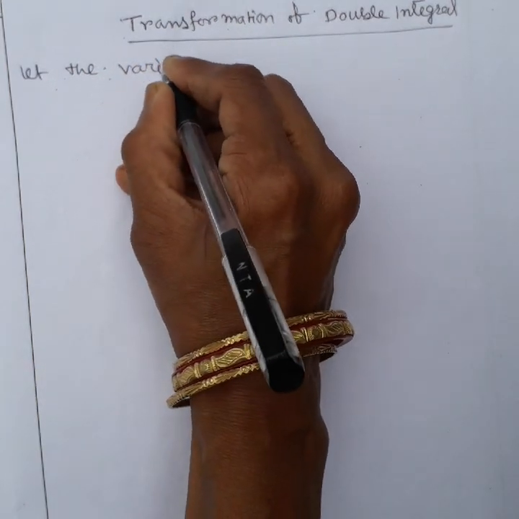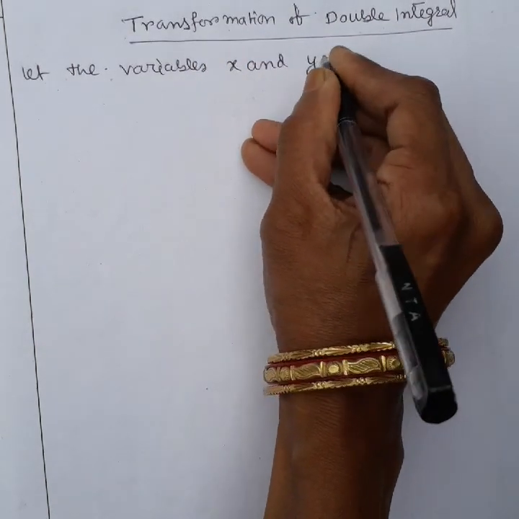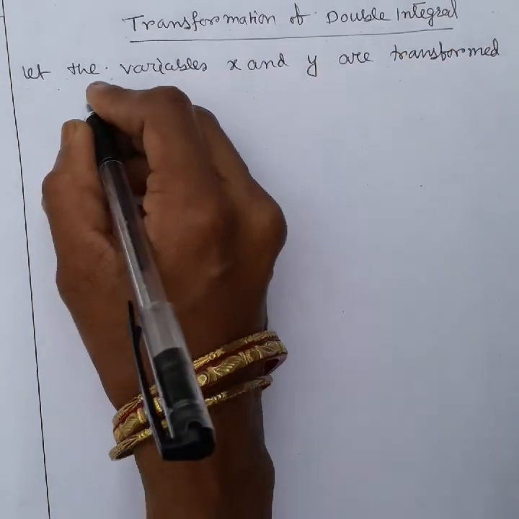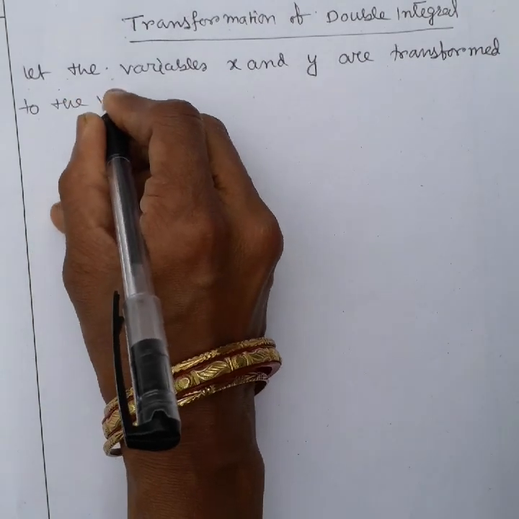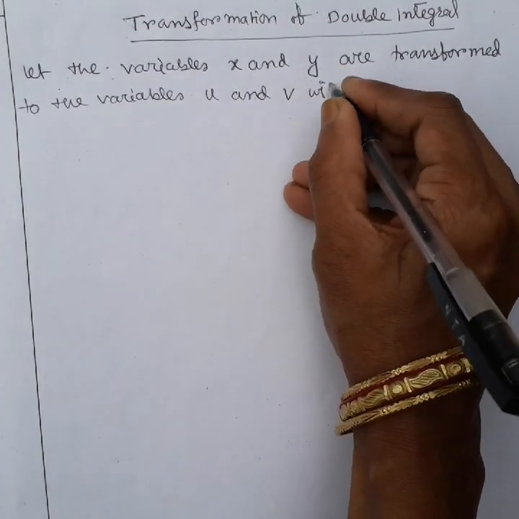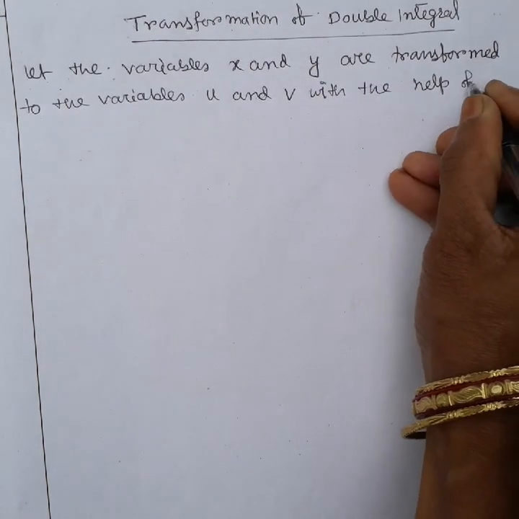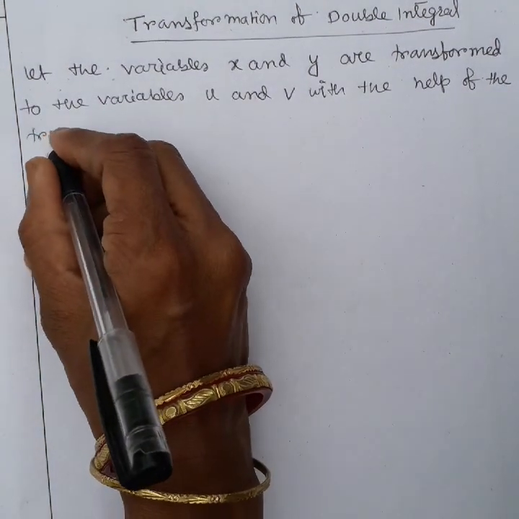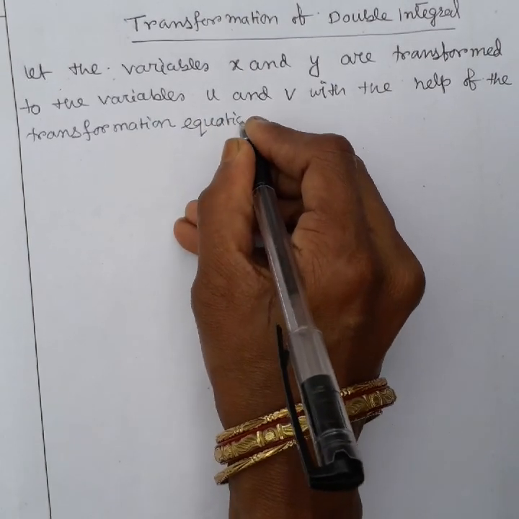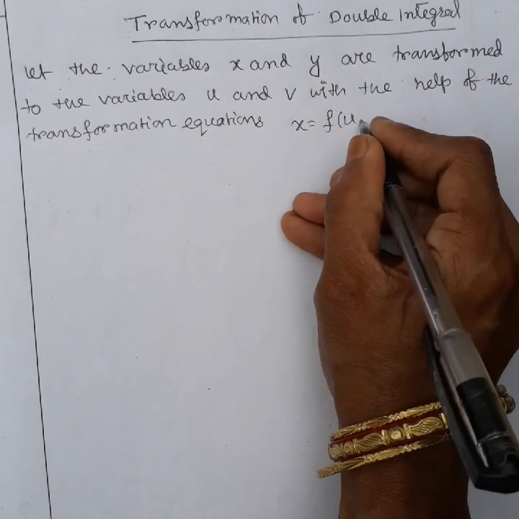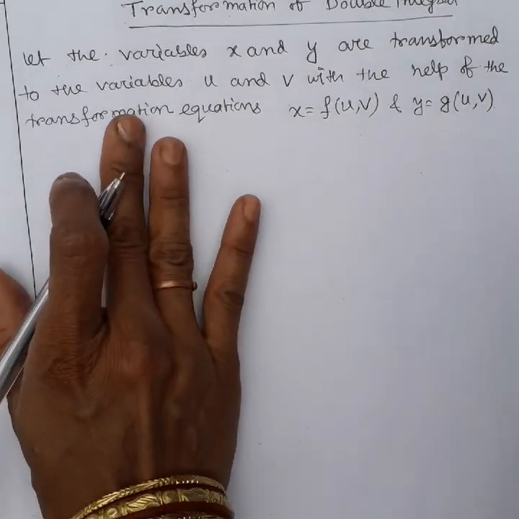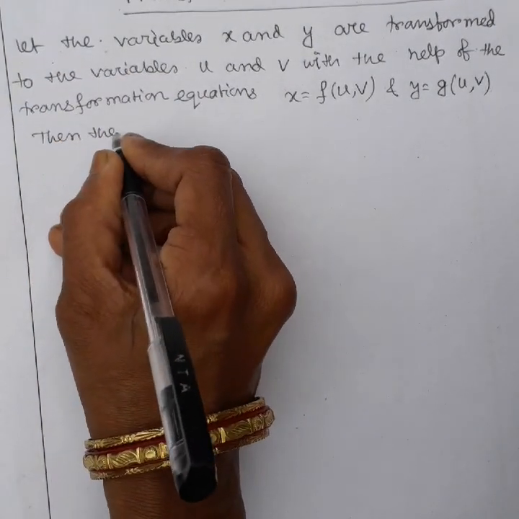Let the variables x and y be transformed to the variables u and v with the help of the transformation equations x equals f of u v and y equals g of u v.